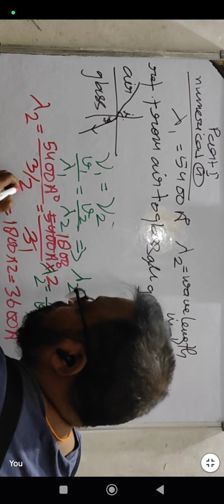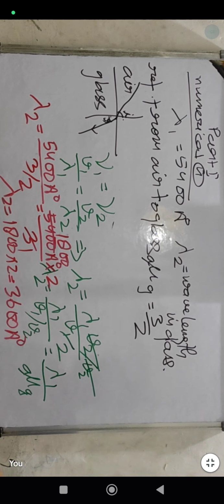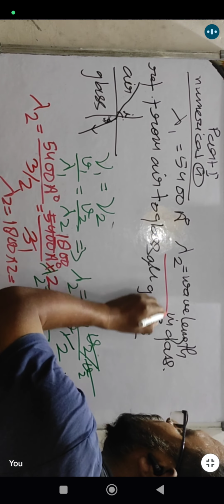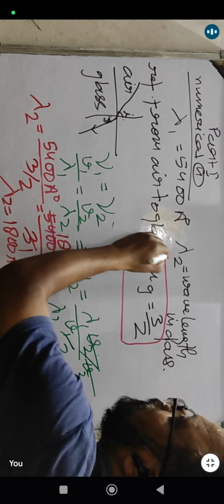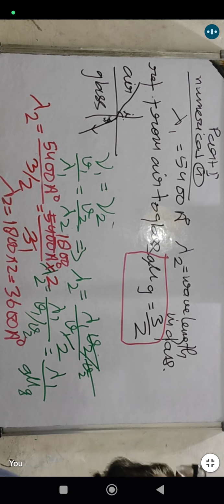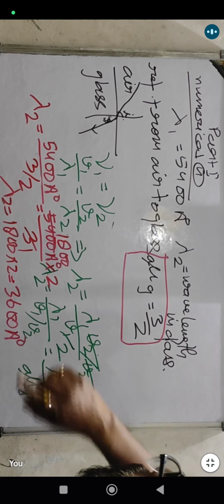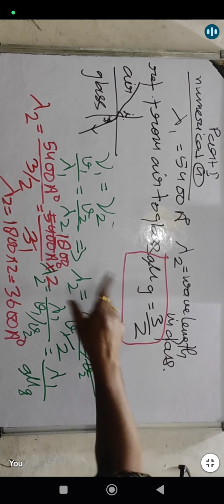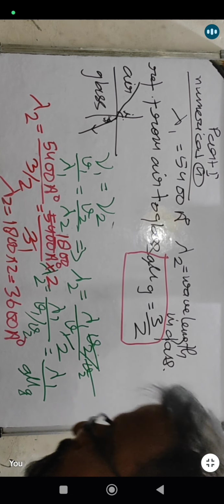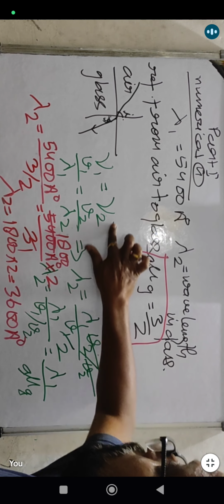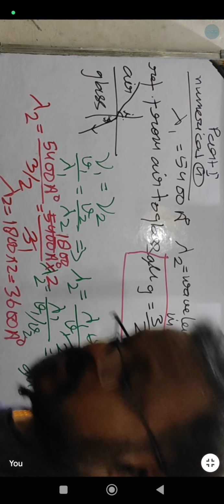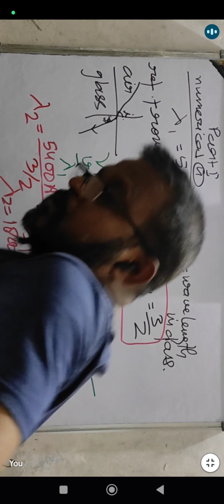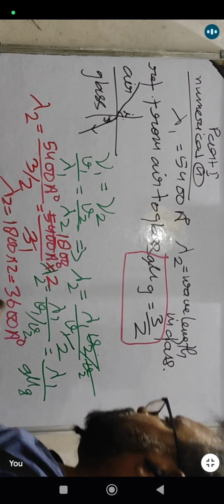This is lambda 2. I just made a wrong interpretation here. When the refraction is from air to glass, then the refractive index of glass with reference to air is 3 by 2. Okay, so this was question number 4. Should I rub this?